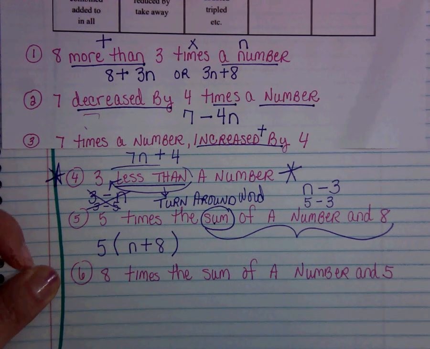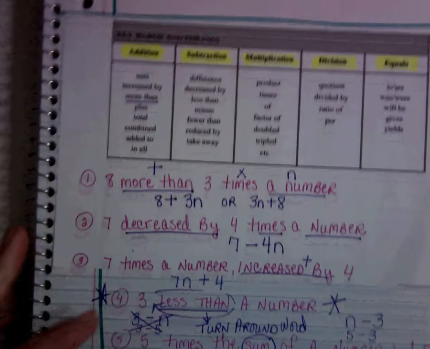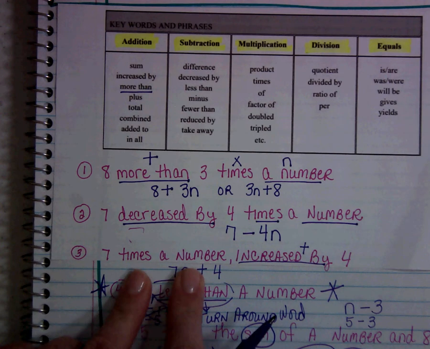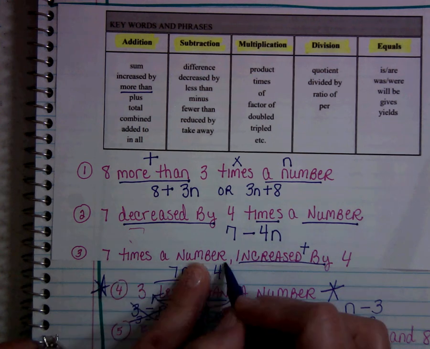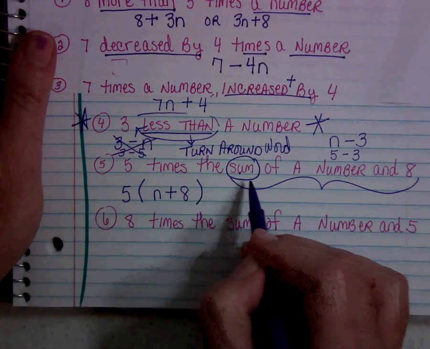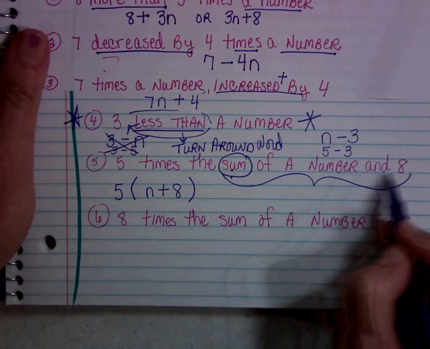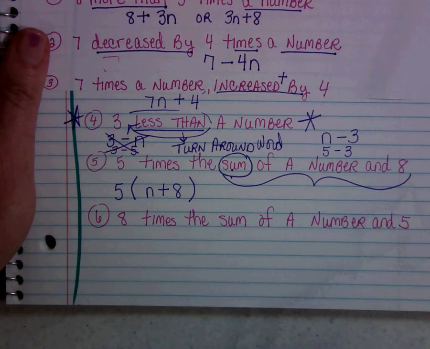See how that's different? Think about how that's different than maybe the one where we said 7n plus 4 and we didn't put parentheses. Notice it says 7 times the number. Here it's saying 5 times the sum, which is represented by all of that.